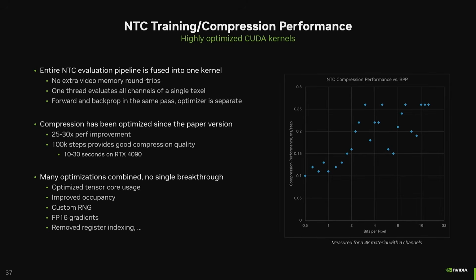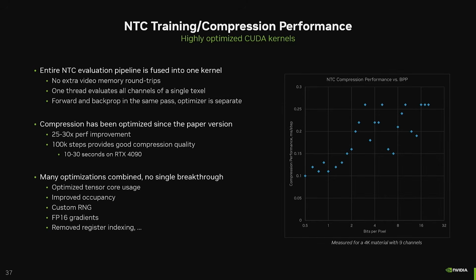The paper that I showed originally quoted something like a 10x difference between the PyTorch implementation and the CUDA one. But since the paper, there have been some optimizations, and the CUDA performance is now 25 to 30 times better than the paper, which is 2 orders of magnitude better than PyTorch.